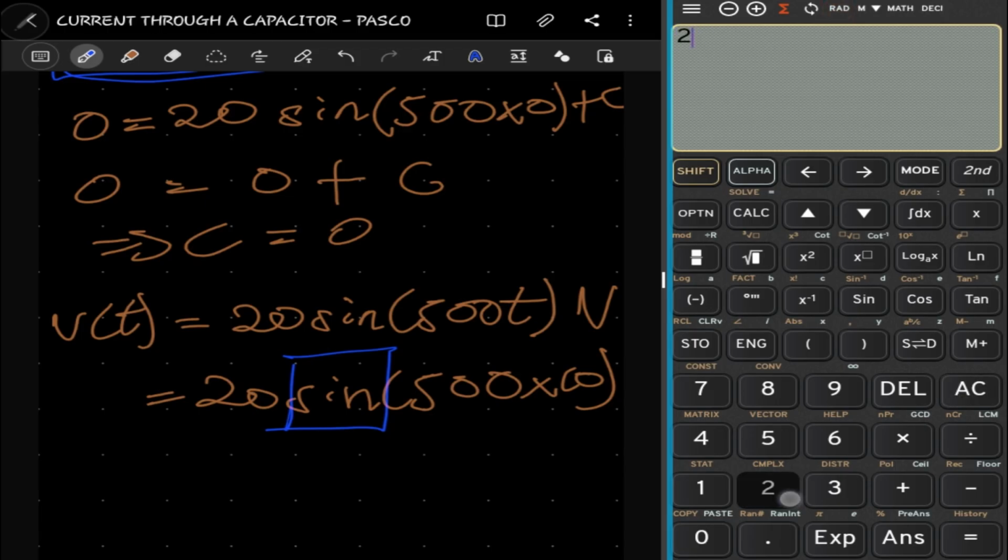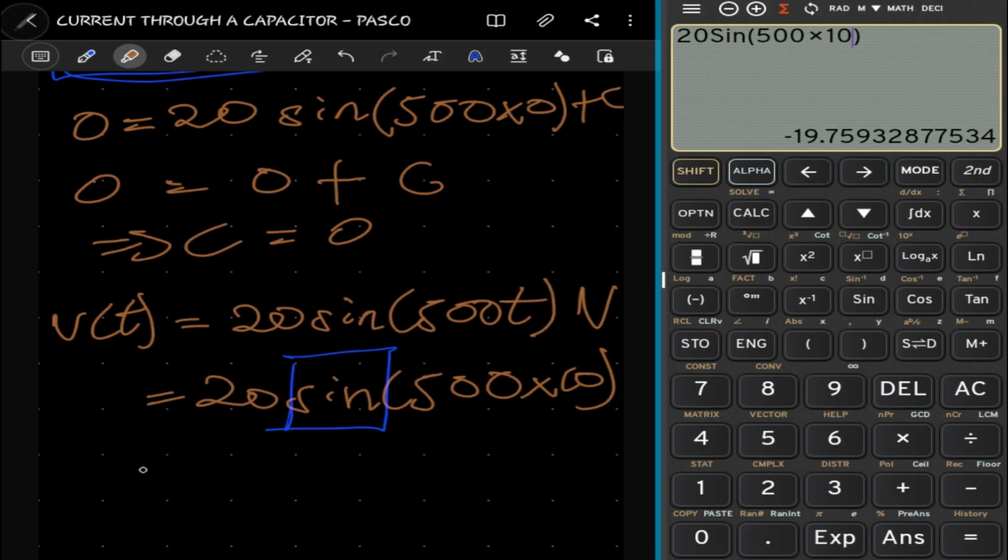So that's 20 sine 500 times 10. So this gives us the voltage we are looking for. So that's minus 19.75 for dp, 93 volts. All right, so that's it.